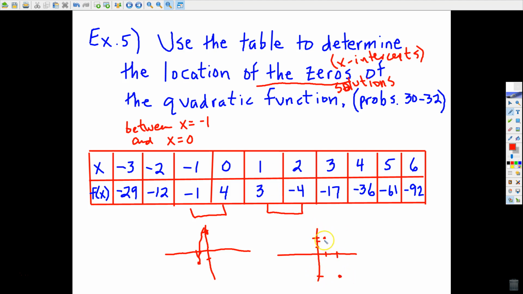So to get from one to the other, you had to cross the x-axis. That's what an x-intercept is. So we have another 0 between x equals 1 and x equals 2. So just pay attention to those sign changes, and that indicates where you're going to have a 0 of a function.